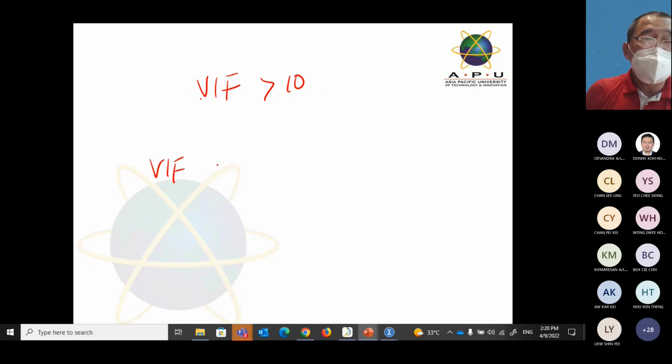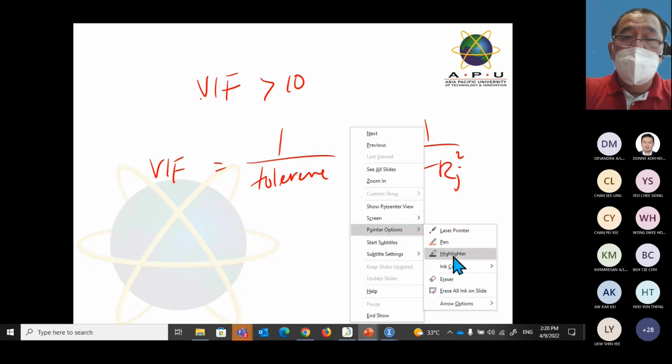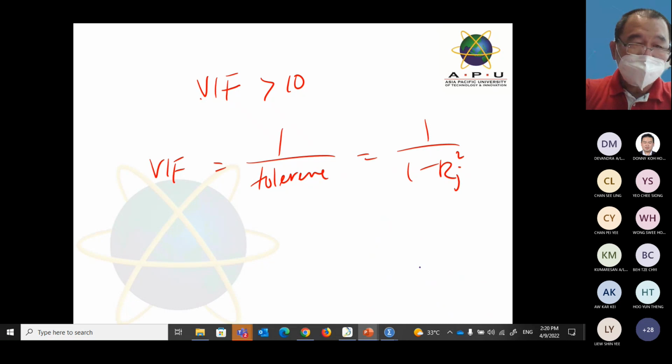And VIF is equal to 1 over tolerance, which is equal to 1 over 1 minus R squared of variable j. We can find the VIF for each independent variable.